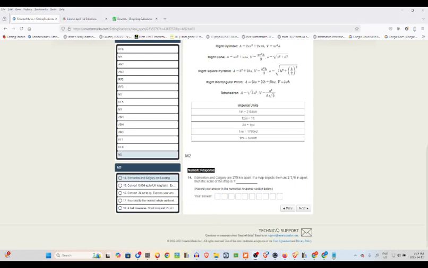All right, our last section, measurement 2. Edmonton and Calgary are 279 kilometers apart. If a map depicts them as being 2 7/8 inches apart, then the scale of the map is what? Okay, well, we need to find the ratio between these numbers.